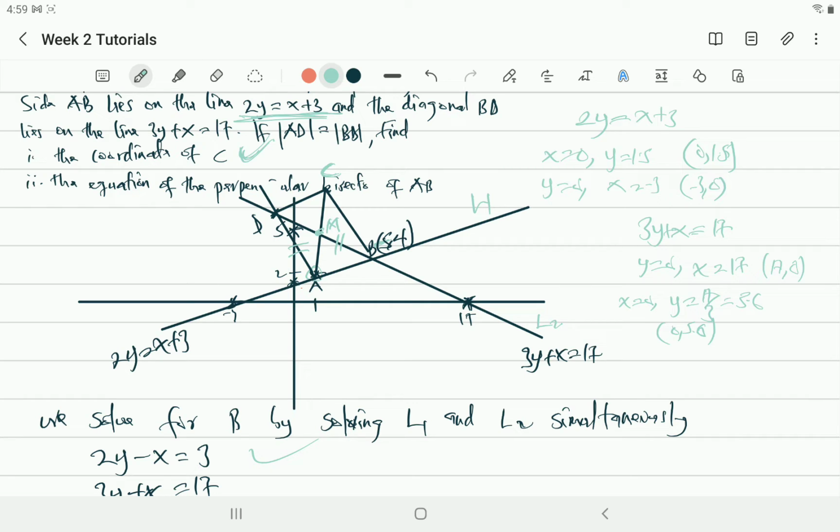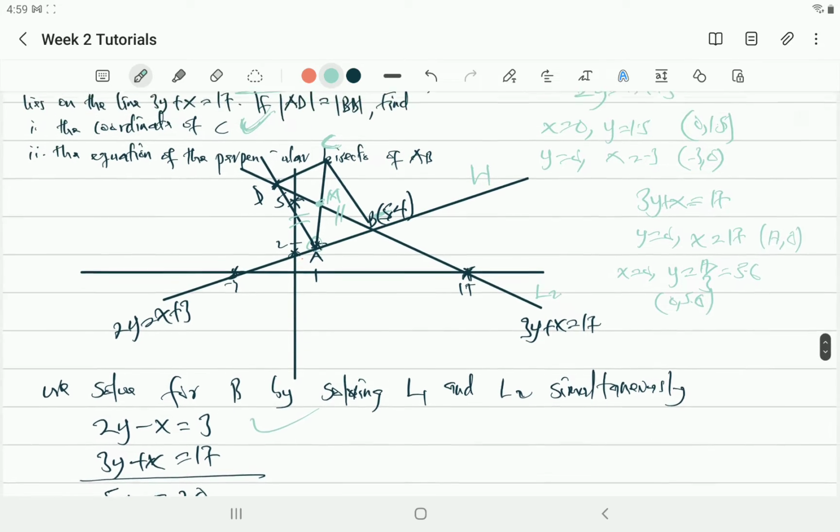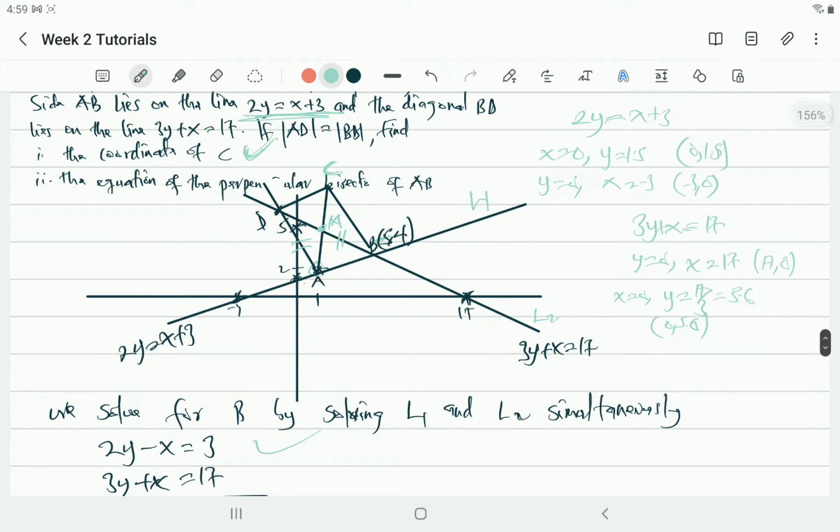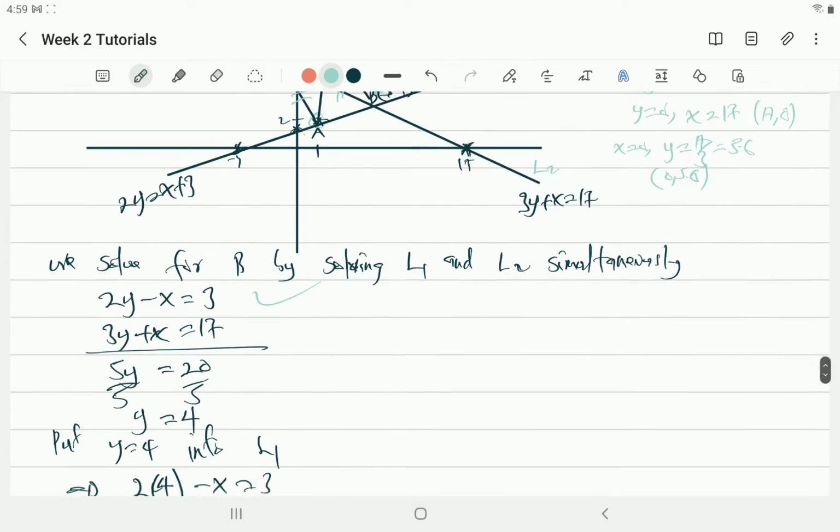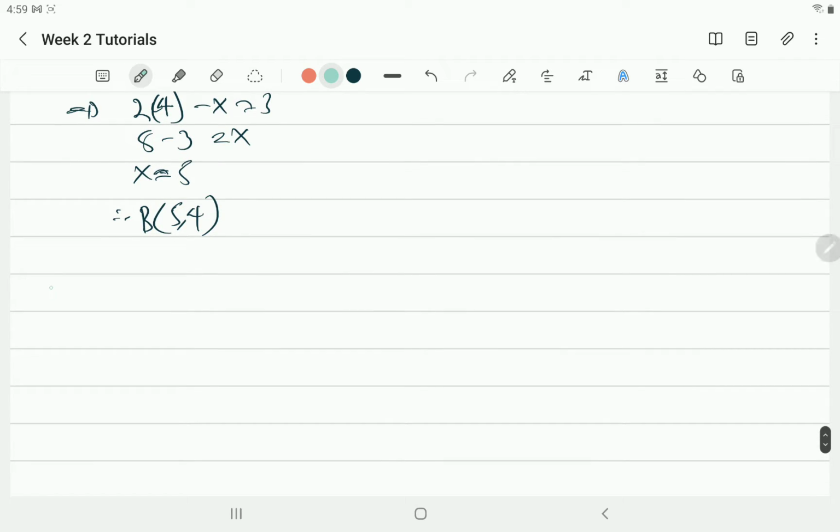The only thing we don't know is D, meaning we can generate some equation from that equality given to us. So let's make D some particular point. So let's say D be (a, b), right? Therefore, let D be equal to (a, b).